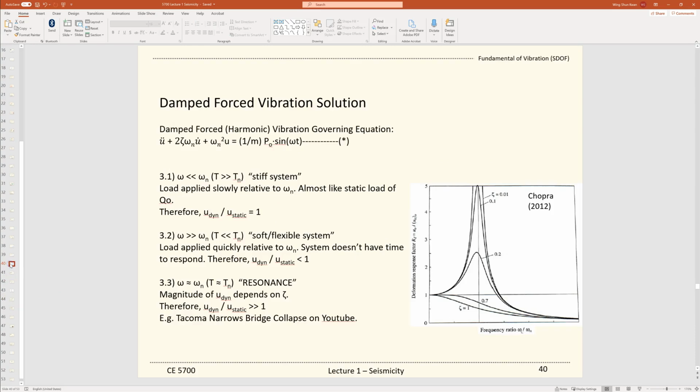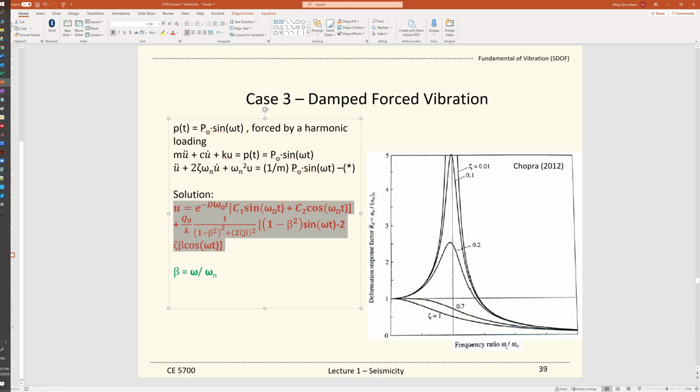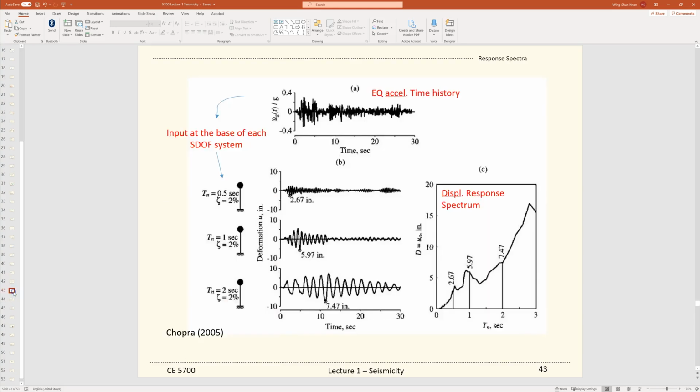So it will be very similar to the procedures that we have used before. These will be the governing equations, and this time it will be a little bit more complicated. We have earthquake ground motions instead of harmonic motions, and we can solve for a solution. It will be more complicated than this, because now we have the earthquake ground motions. We likely need to solve it with some numerical package to save our time.